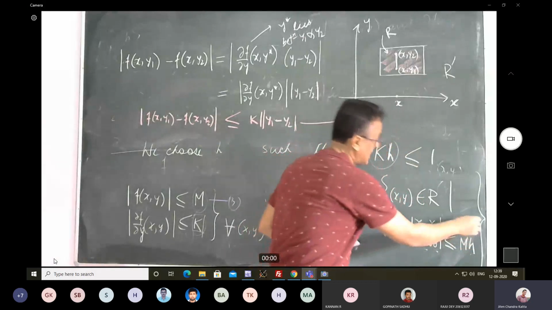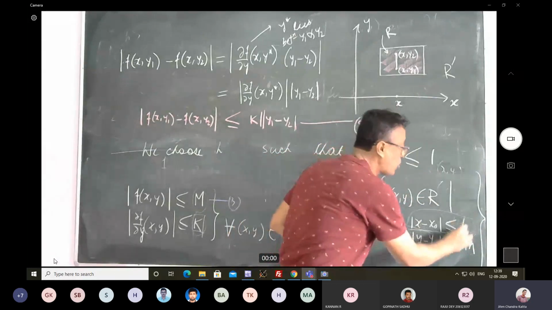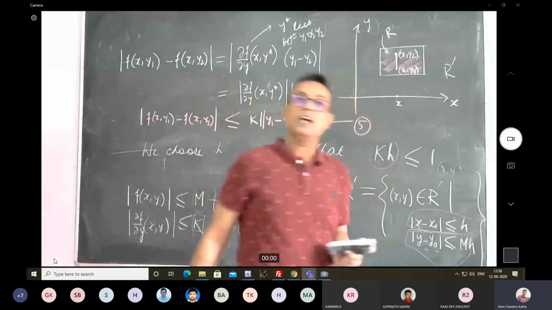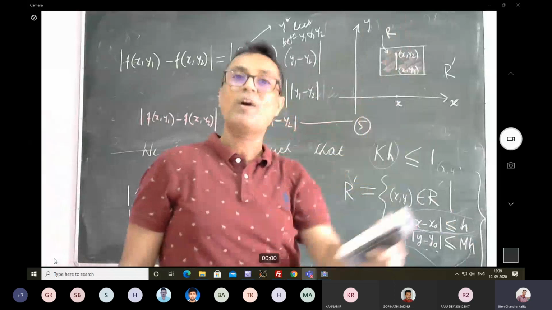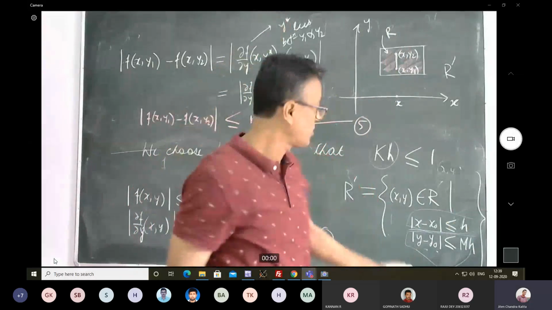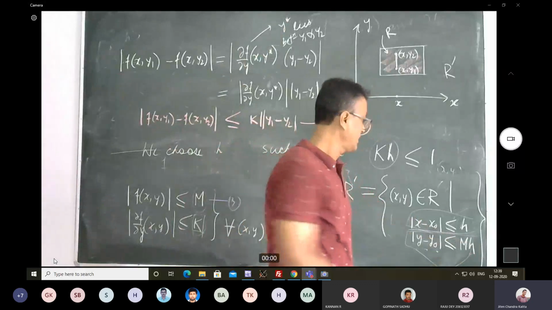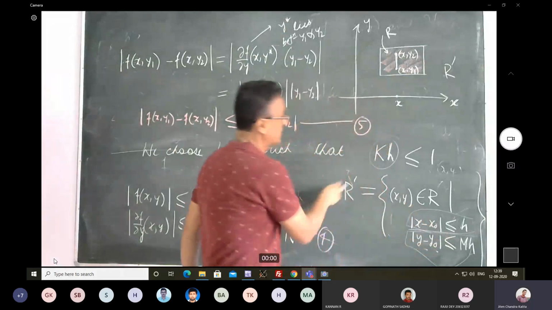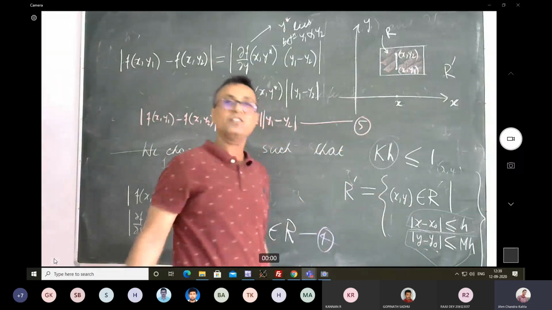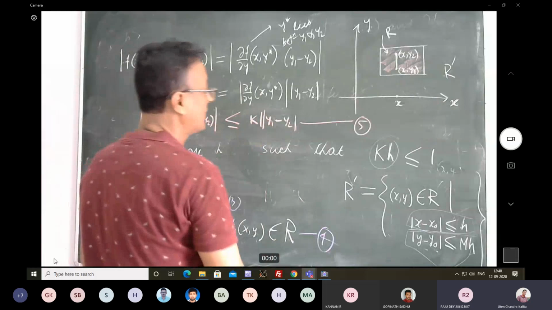The choice of h for my x interval gives me an interval around y0 along the y-axis also, and this is always possible, because if I choose h very small, I can always get a sub-rectangle R prime like this, isn't it?